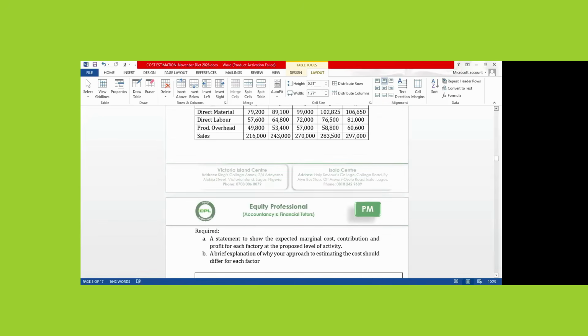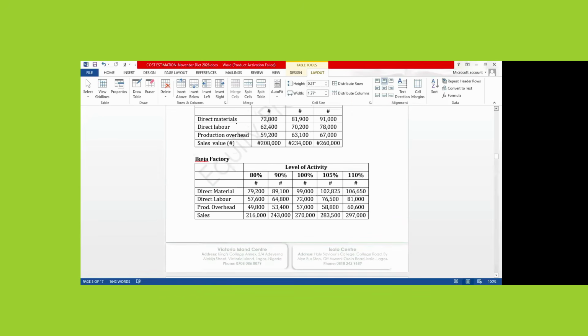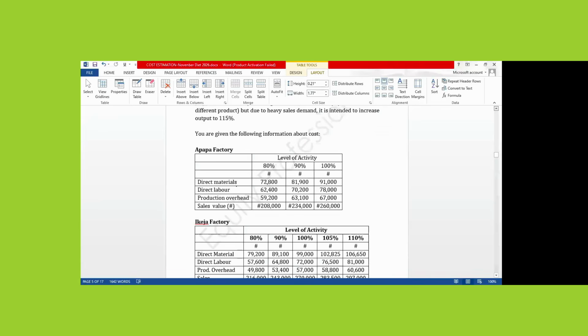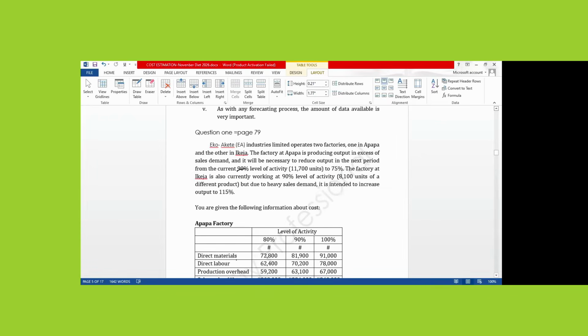We also encourage students, when you attempt assignments, it's a means of feedback to your lecturer.